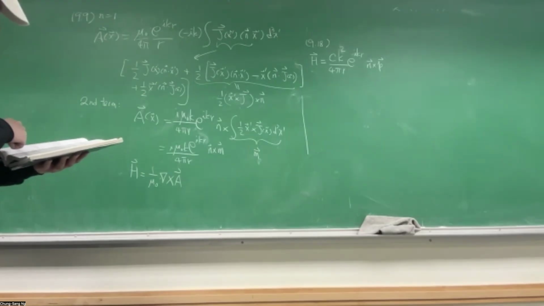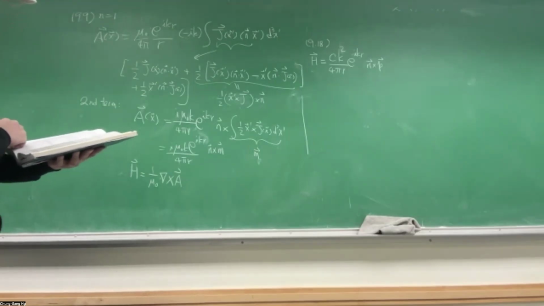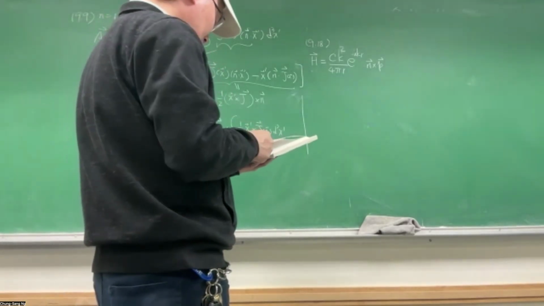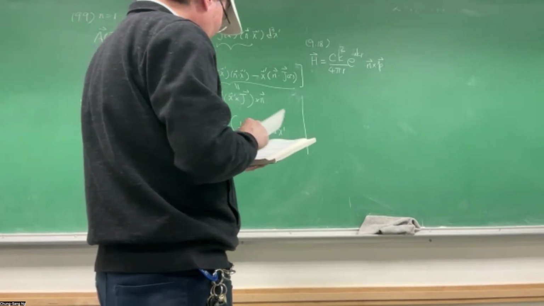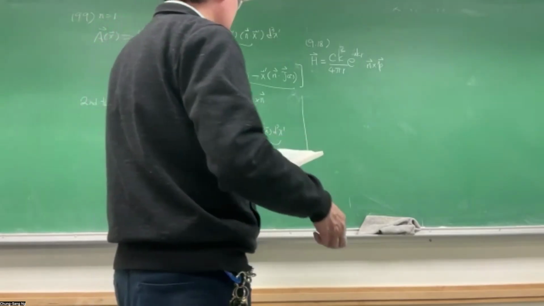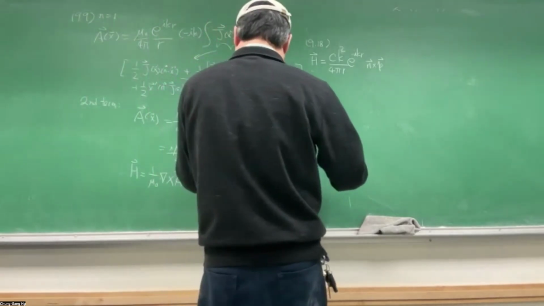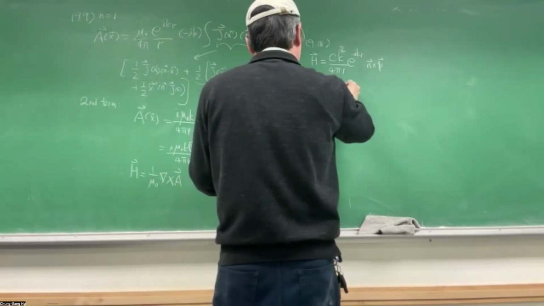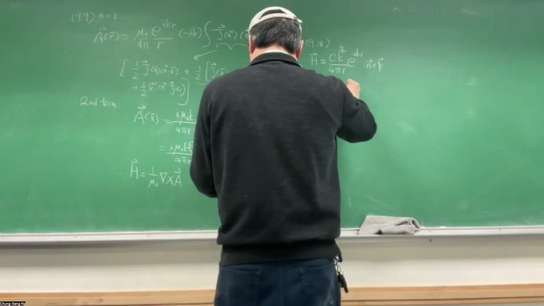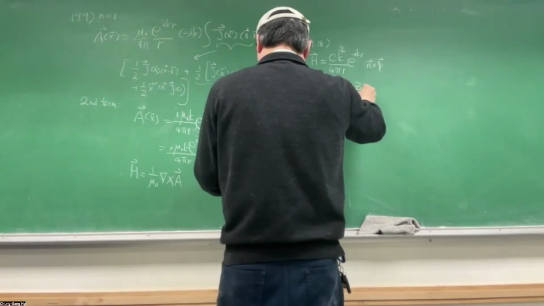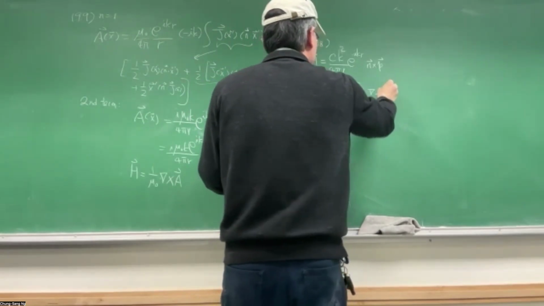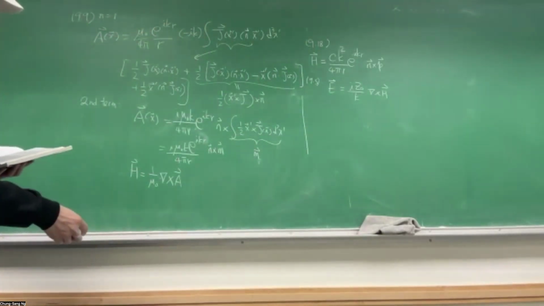But for the electric dipole, we are doing something similar. We're actually using 9.5 for E. E is i Z 0 over k curl of H. Right.